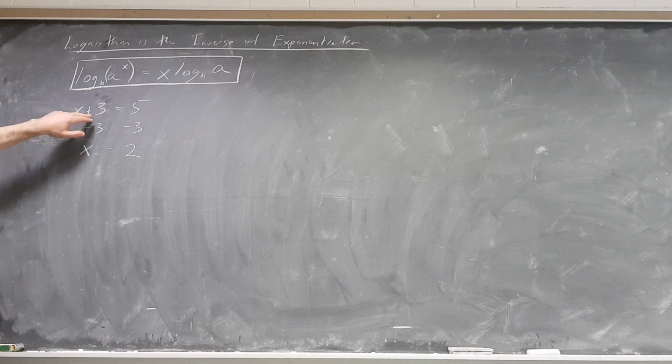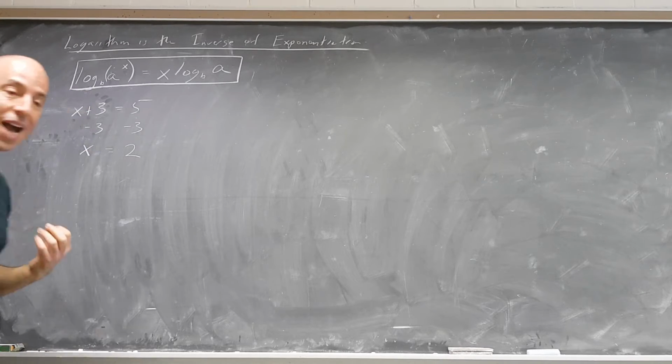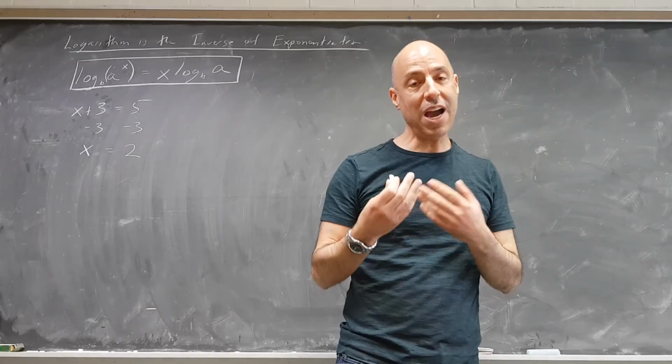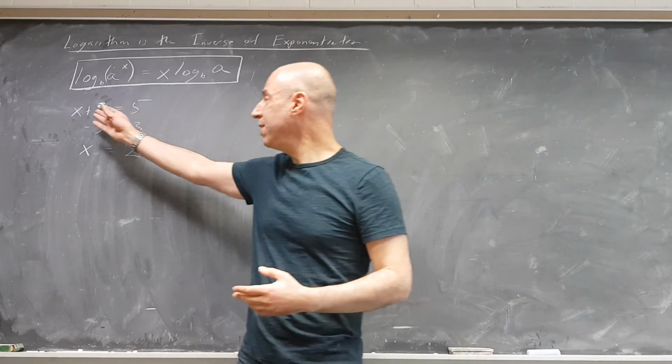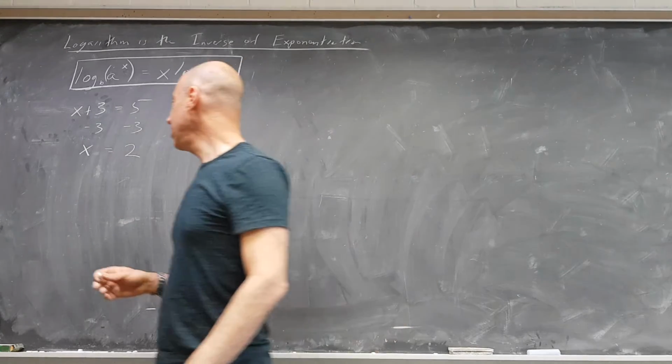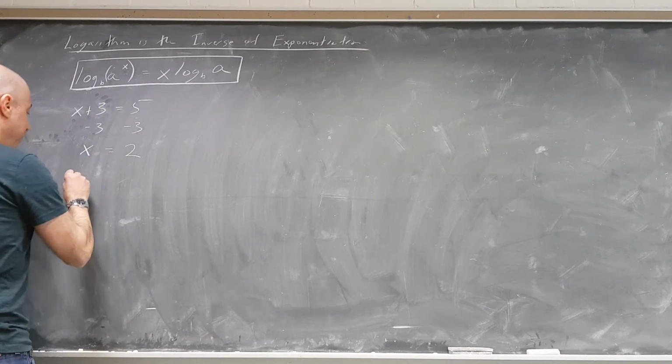So when you have an equation which is assembled via addition, to dig out the variable, what you have to do is subtract. Subtraction, minus 3, is the inverse of plus 3. So when you have something that's assembled via addition, to undo that, you subtract. Let's say we have something like this.